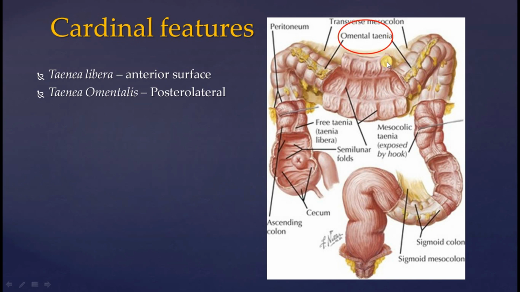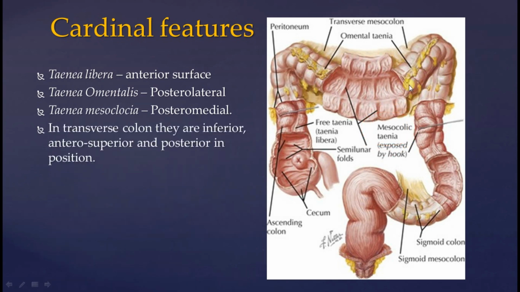But in the transverse colon, it is seen on the superior or upper surface. The next is tinea mesocolica, which is seen on the posteromedial surface, but that goes to the inferior surface with respect to the transverse colon. So in the transverse colon, the tinea libera is inferior, anterior-superiorly the tinea omentalis, and posteriorly you see the tinea mesocolica.